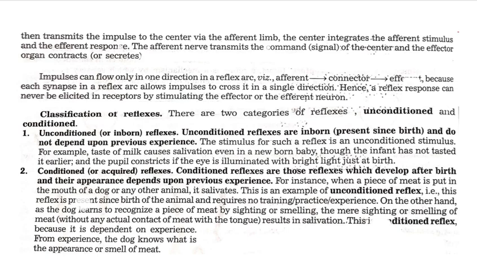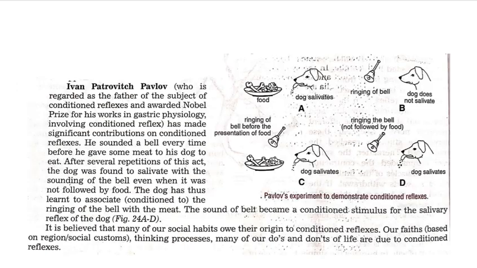Now we are going to study Pavlov's experiment on dogs. Ivan Petrovich Pavlov, who is regarded as the father of the subject of conditioned reflexes and was awarded the Nobel Prize for his work in gastric physiology involving conditioned reflex, made significant contributions on conditioned reflexes.